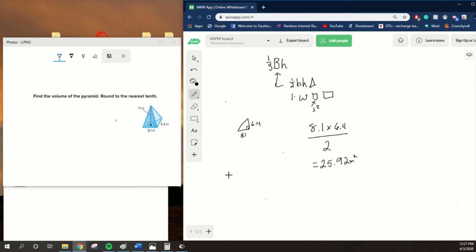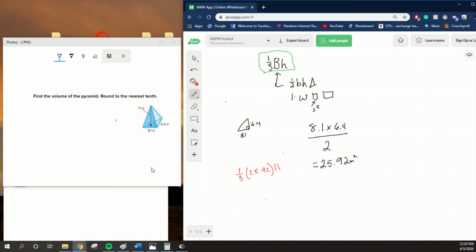Now I need to plug that into our formula. So our formula is right up here. So what I'm going to do is take that 1/3, multiply it by that 25.92, and multiply both of those by the height, which in this case is 11.